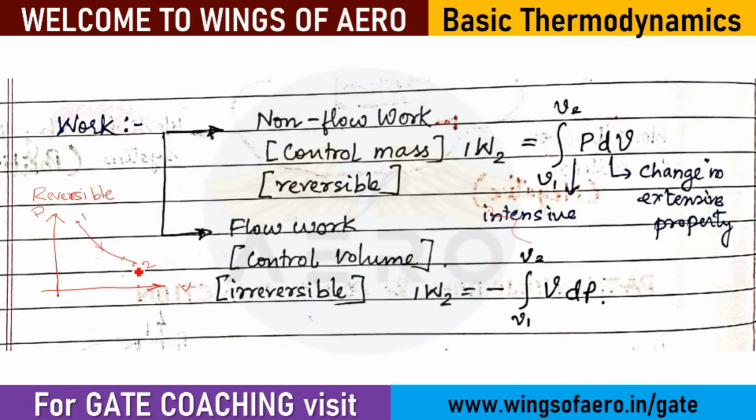In the same way, if you release something, it will again move from state 2 to state 1 along the same path. So if it moves from state 1 to state 2, and in the same way moves from state 2 to state 1 following the same path, we call it a reversible process.